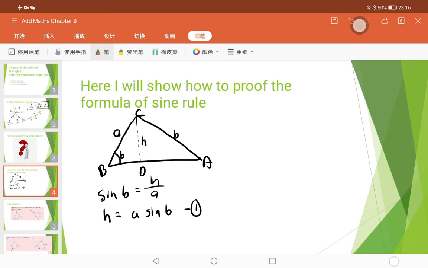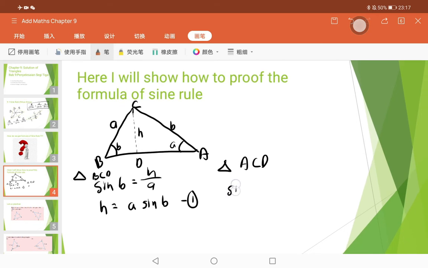Next, this is in triangle BCD. So another triangle I could take is triangle ACD. This is my angle here, angle A. So how do we find the angle A?